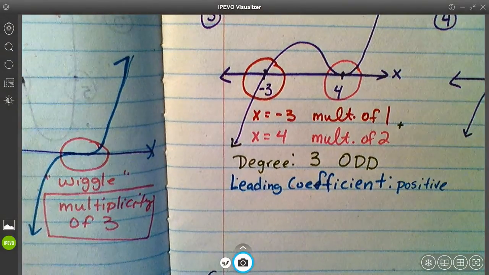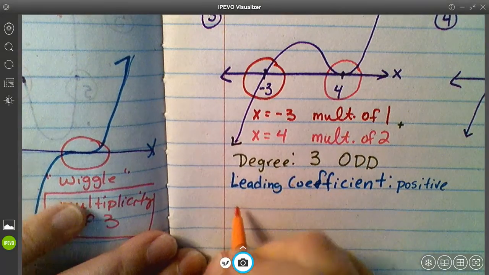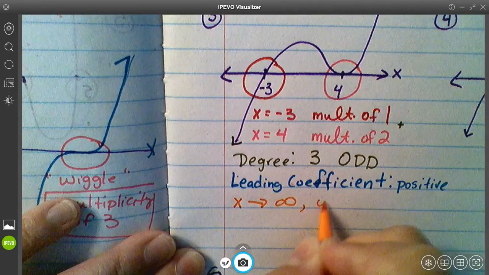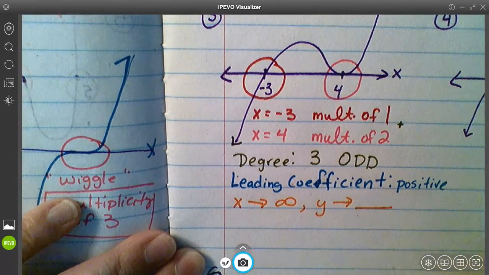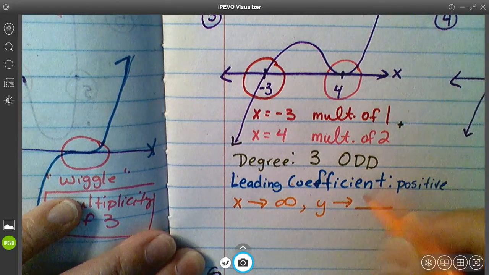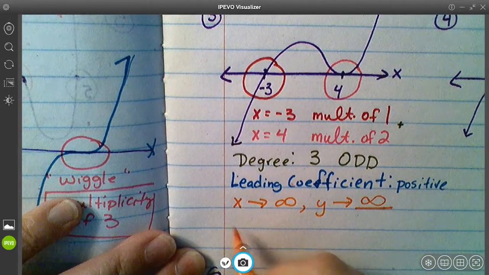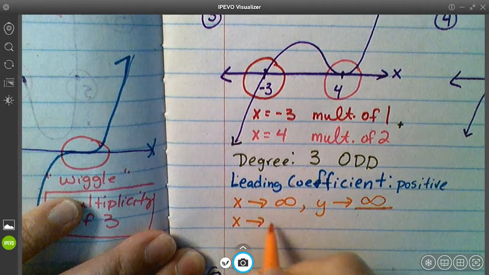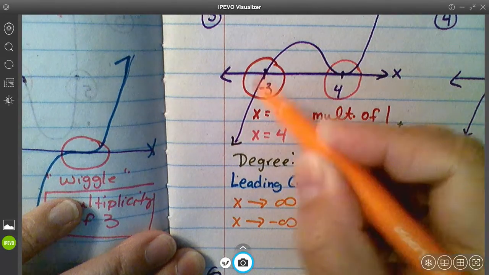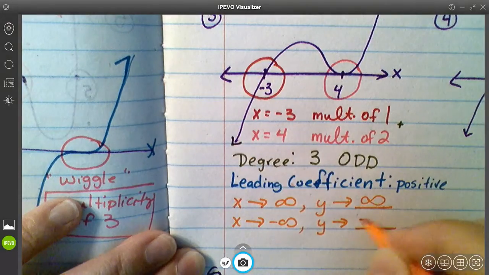And then lastly, I can tell my end behavior. So as x goes to positive infinity or right, so as x goes in the right direction, y is going up towards positive infinity. And as x goes to negative infinity, y is going down towards negative infinity.